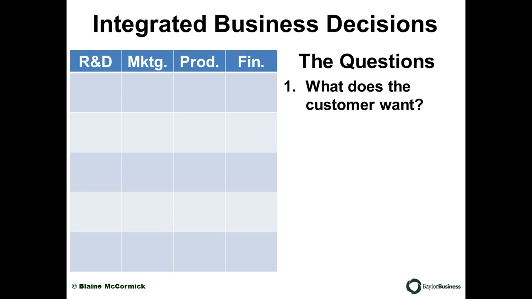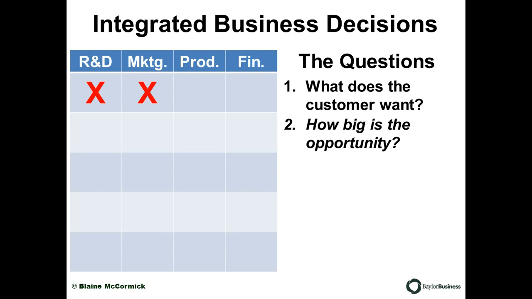My favorite thing about the Foundation Business Simulation is it teaches users to make good integrated business decisions. And so if we answer these 5 questions, we really see how this cuts across the 4 parts of the firm. If we know what the customer wants, that helps us position our marketing efforts and create products in R&D that the customer might like, and so it integrates those 2 functions.